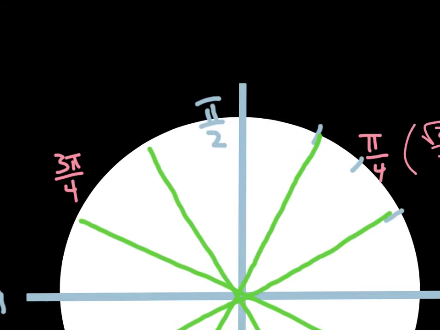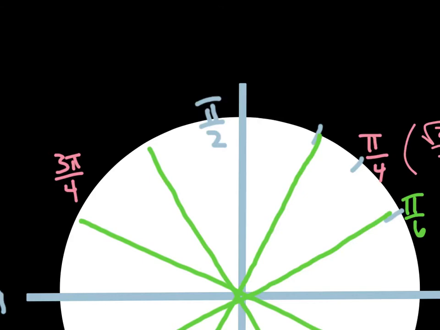There is 1, 2, 3, 4, 5, 6. So this first slice, 30 degrees, is pi over 6 radians.